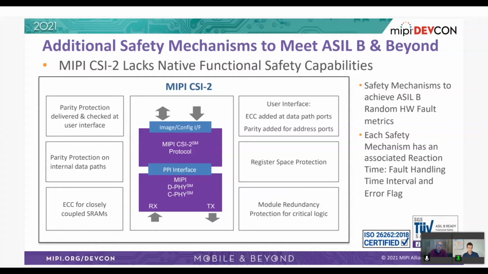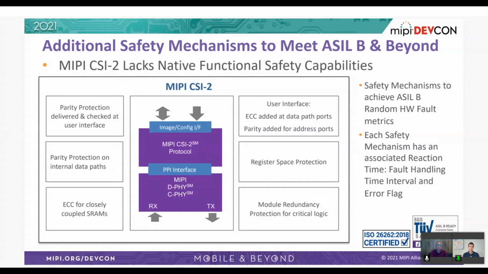So here's an example, taking the block. The type of features that you need to add are things like the protection of the user interface, adding parity protection to the user interface, the interface between the block and the SoC, adding parity protection to the internal data paths.